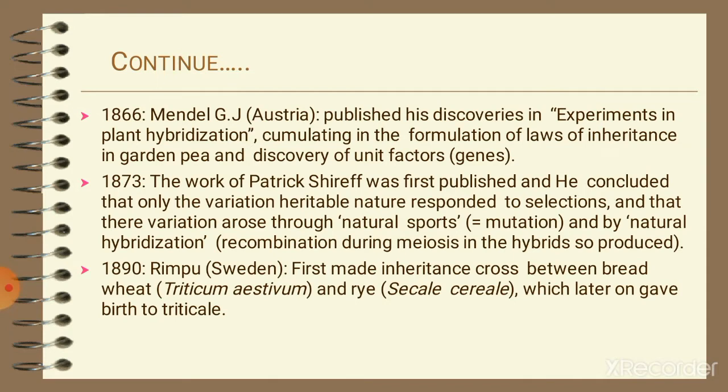In 1873, the work of Patrick Shirreff was first published, and he concluded that only variation heritable in nature responded to selection, and that variation arose through natural sports such as mutation, and by natural hybridization, meaning recombination events that take place during meiosis, which will be helpful for a selection process.